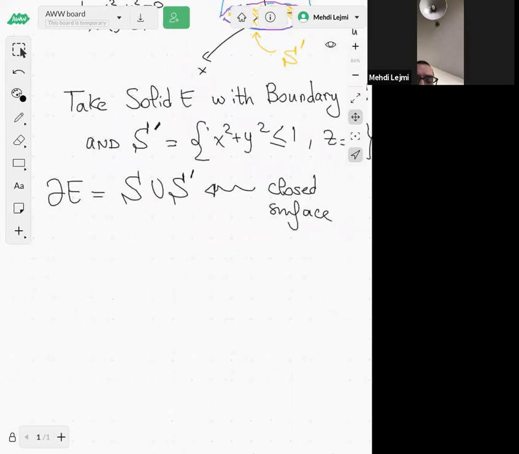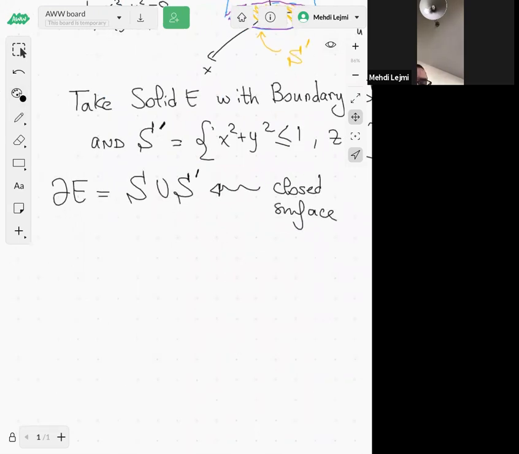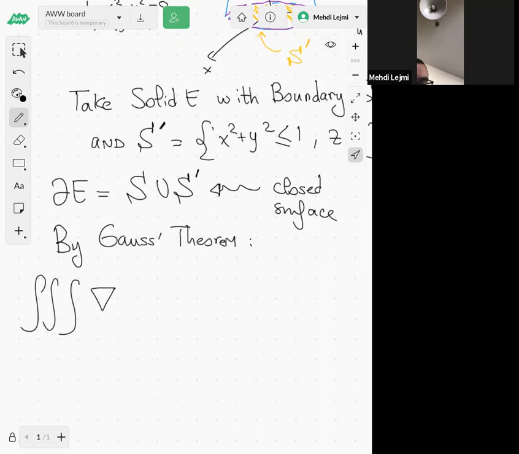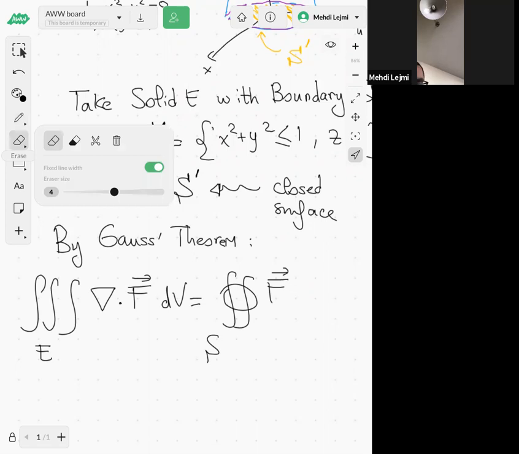If you want to apply Gauss theorem to this solid E, then by Gauss theorem, you have the divergence of my vector field F over E equal to the flux of F along the boundary of E.